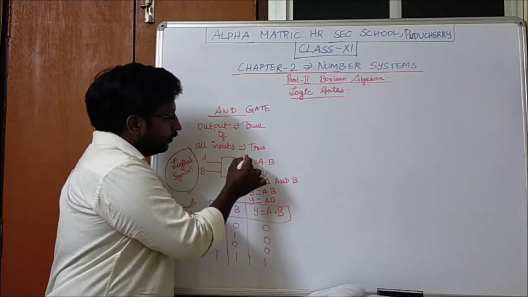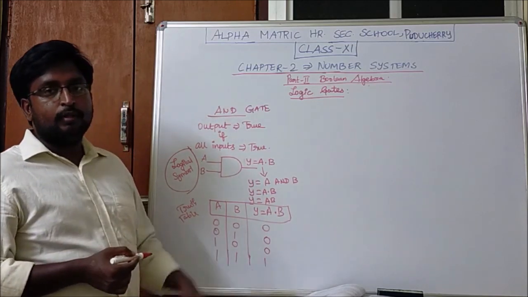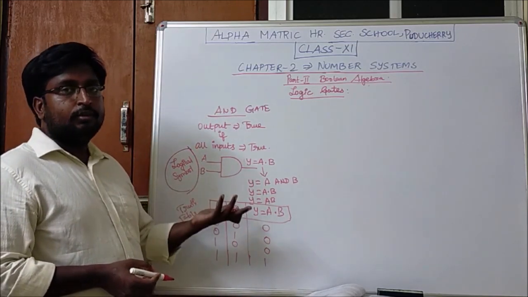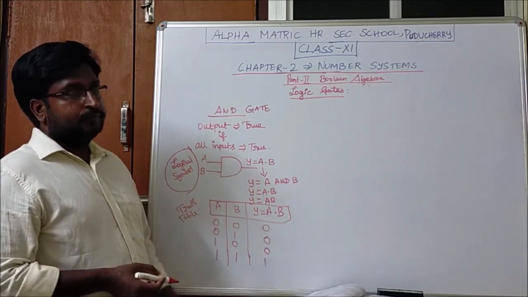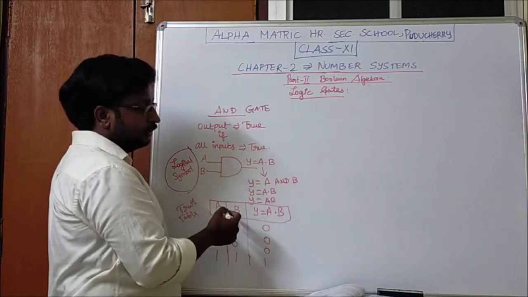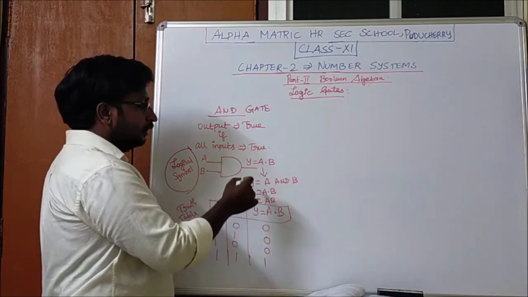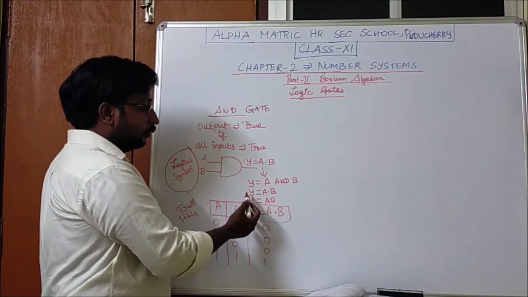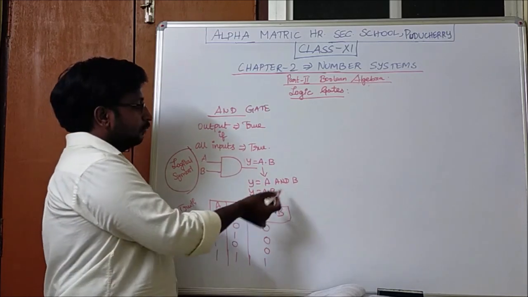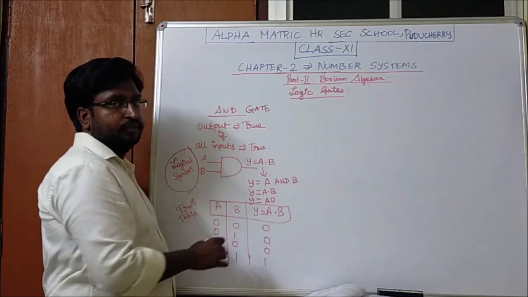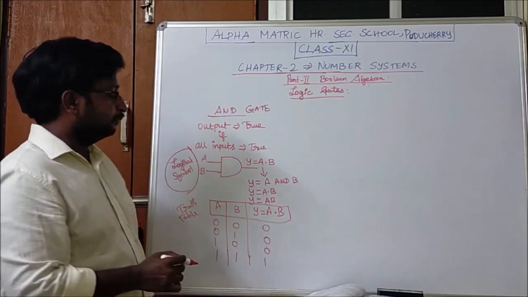Here it is not mandatory to use Y. We can use any variable other than the input variables. So Y is equal to A dot B, that is the output. This can be written as Y is equal to A AND B, Y is equal to A dot B, or Y is equal to AB, whatever it may be. We have to read it as Y is equal to A and B. That is the exact meaning.